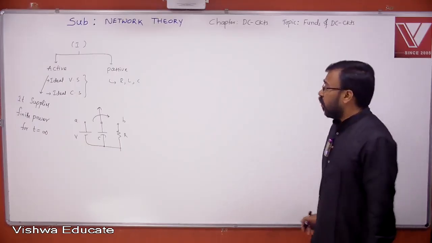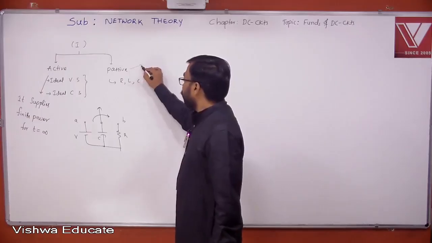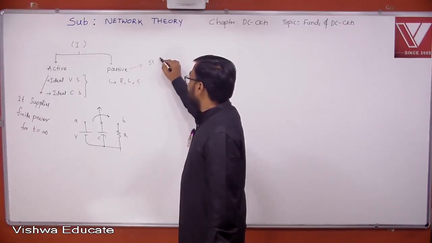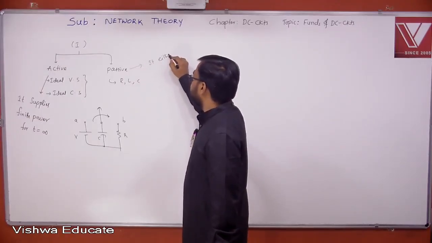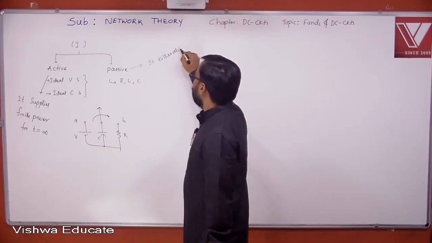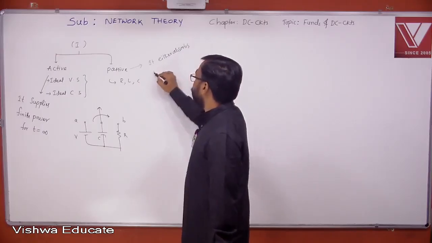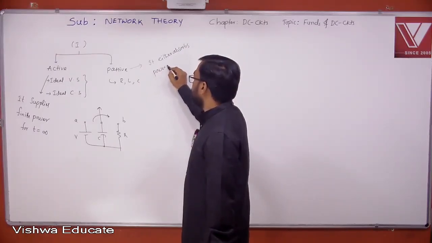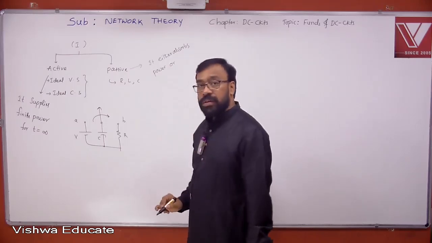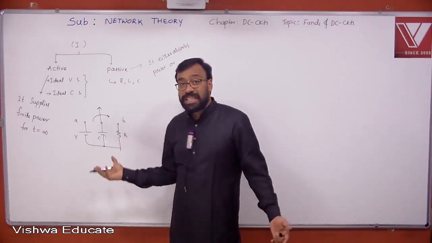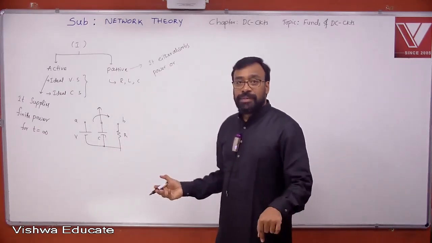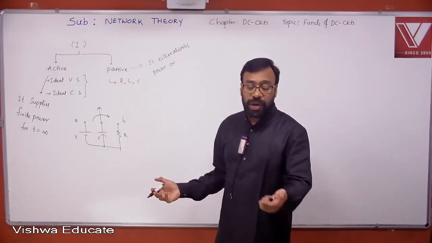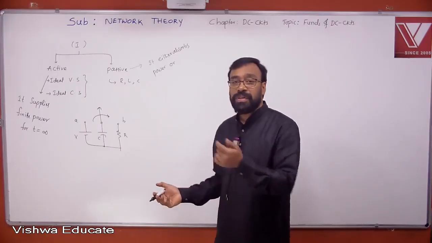Understand all of you? What about passive element? It either absorbs power. Because we know that any passive element will absorb the power. But it also supplies the power. If we have a charged capacitor, it's supplying power.